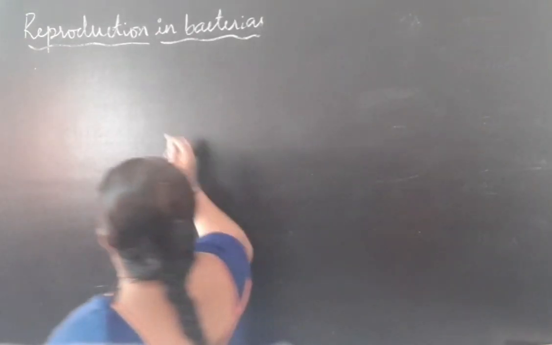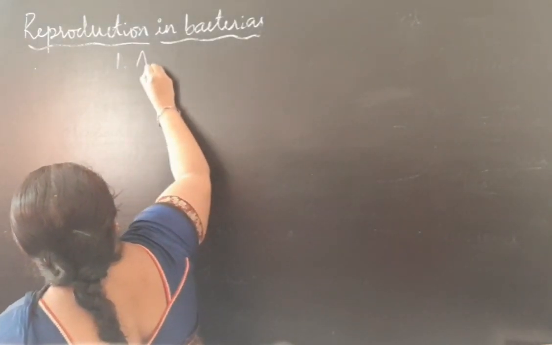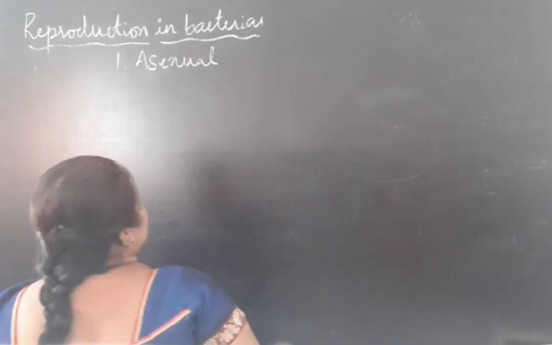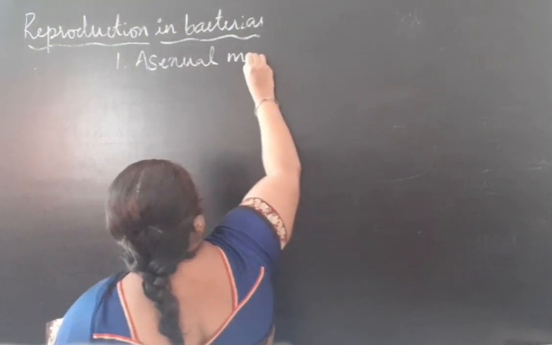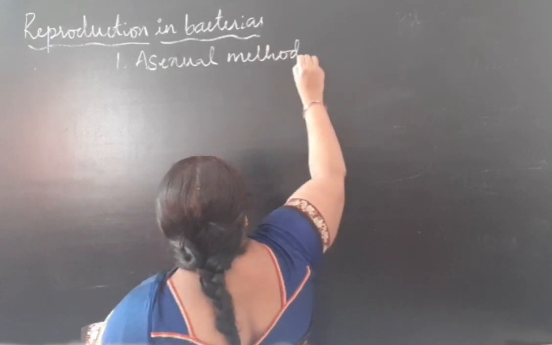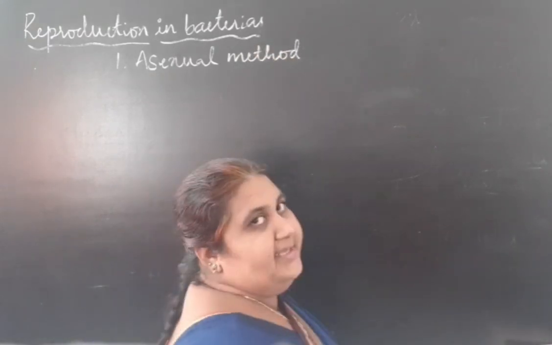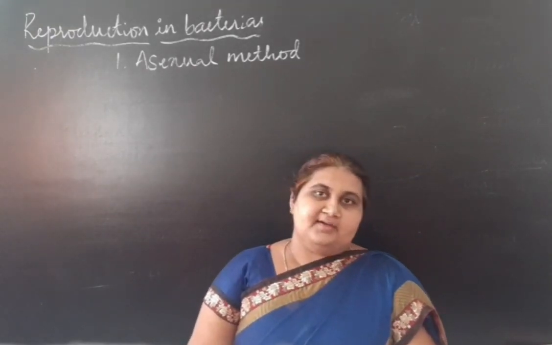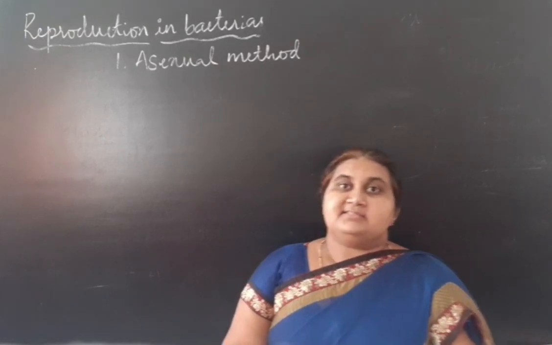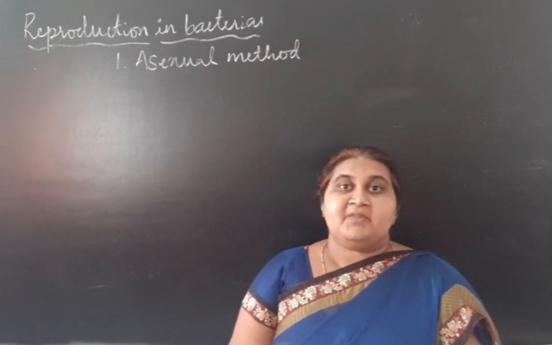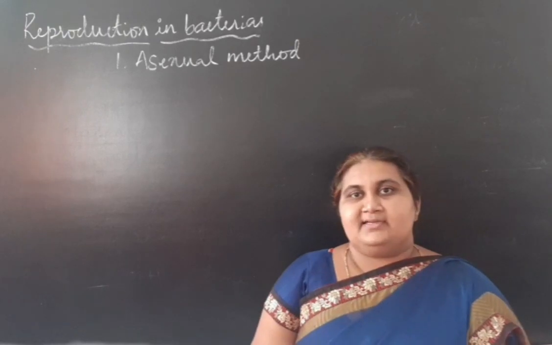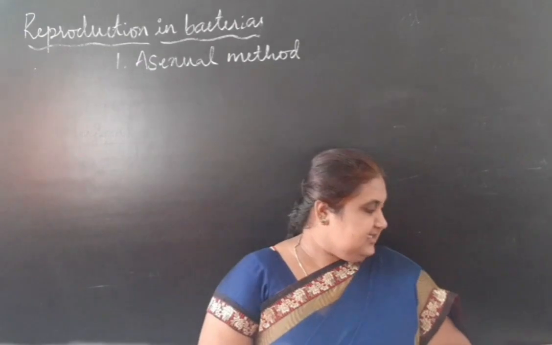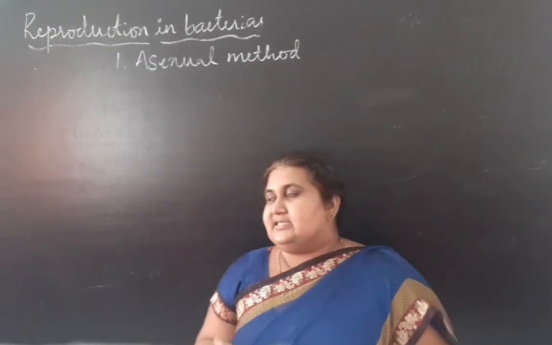One is the asexual method, and another is the sexual method of reproduction. But that sexual method of reproduction is called parasexuality or the parasexual method. Why is it called parasexual? Later on you will study.